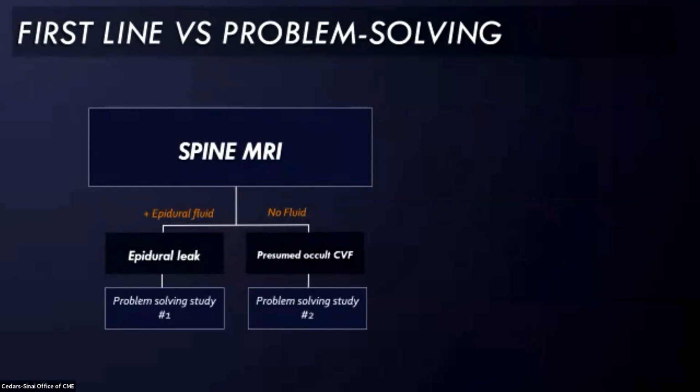For a lot of places now, spine MRI is the first-line method of imaging to look at the spine in patients with suspected CSF leaks.